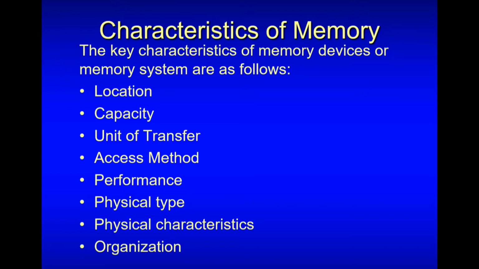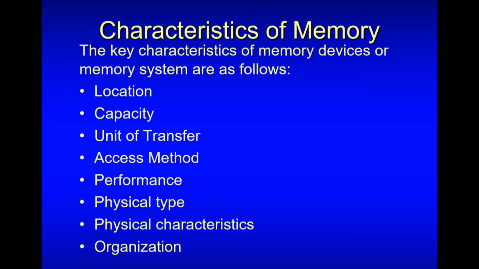The maximum capacity of RAM available in the market is 4 GB or 5 GB or 10 GB. So the primary memory has less capacity, whereas the secondary memory has more capacity. When I say capacity, it is the size of the memory.